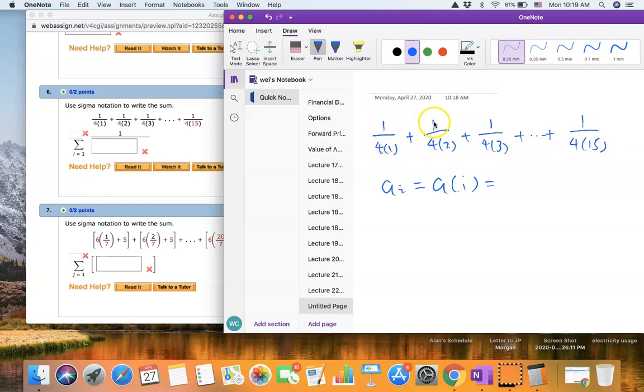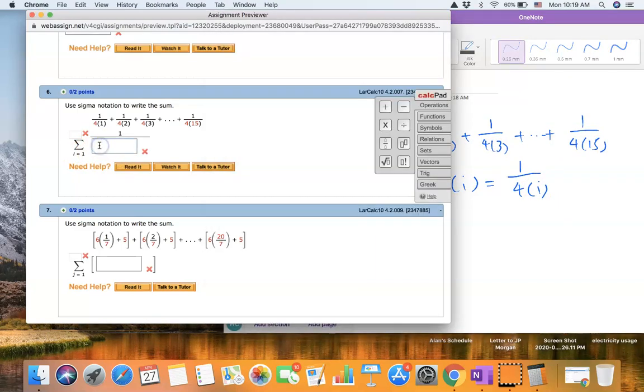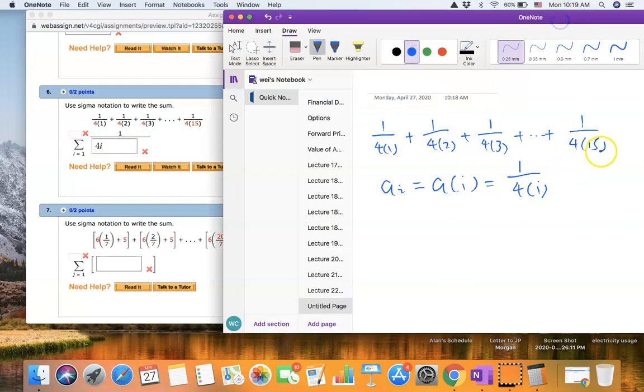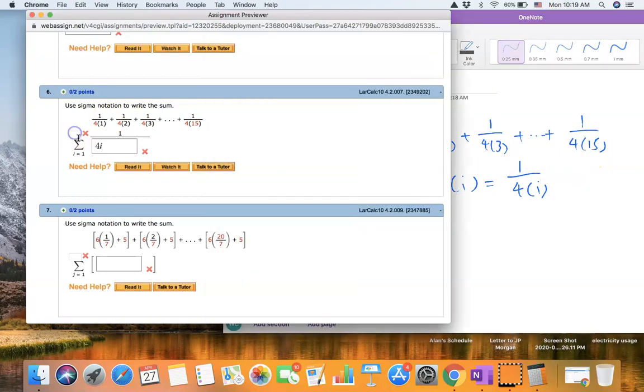And other numbers are constant. Therefore, we can determine this function is 1 over 4i. So the input is i. The input is these numbers 1, 2, 3, and 15. And so here we can go ahead to put 4 times i. Okay. And for the last term, the input is 15. So we know there are 15 terms. Okay.